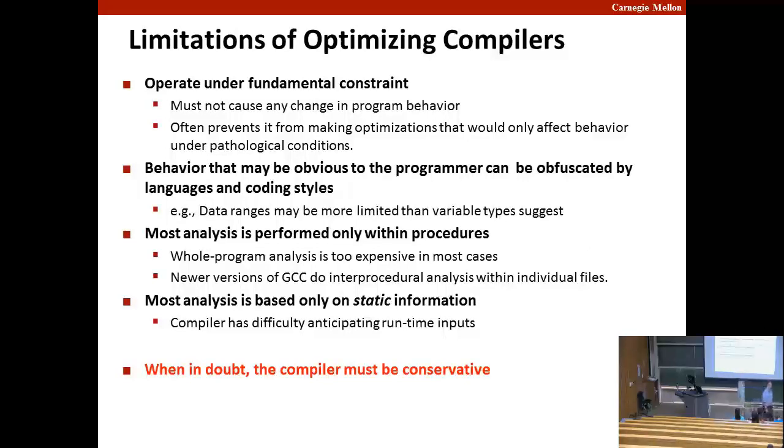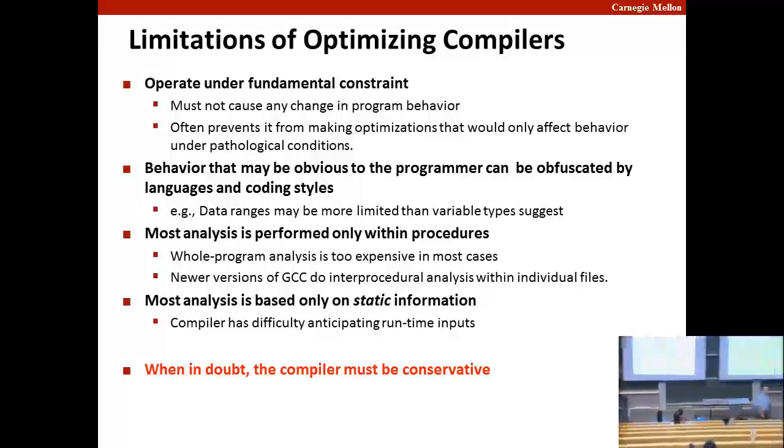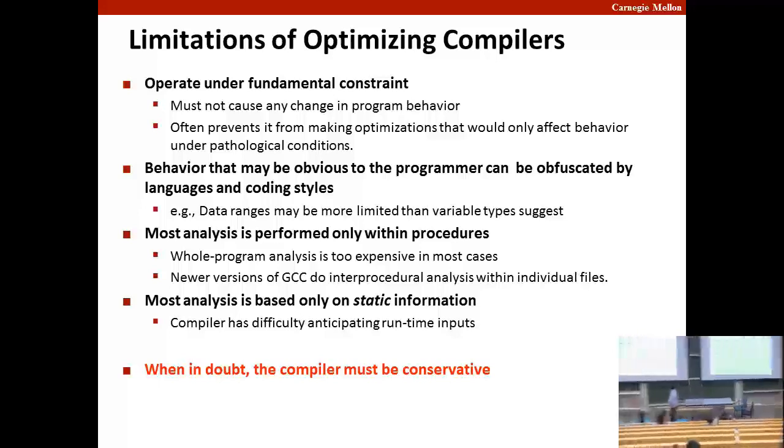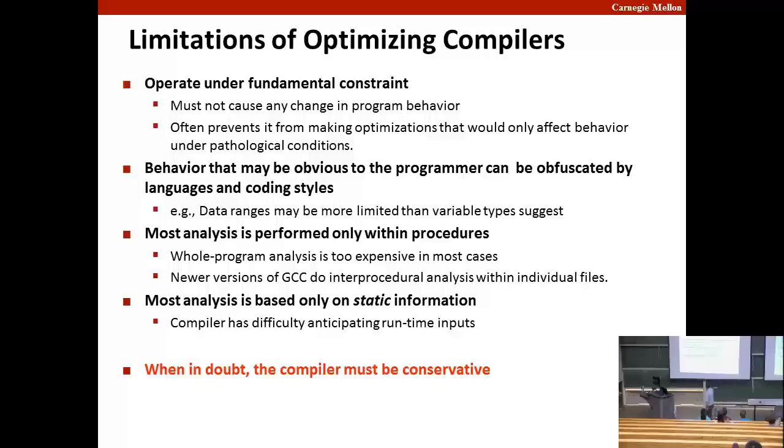An optimizing compiler fundamentally can't change the behavior of the program. It'd be really unfortunate if your program worked and you optimized it and then it didn't work anymore. Right? You can make it really fast if it doesn't need to produce correct results. And so this is sort of interesting because sometimes there are things the compiler cares about that we don't.